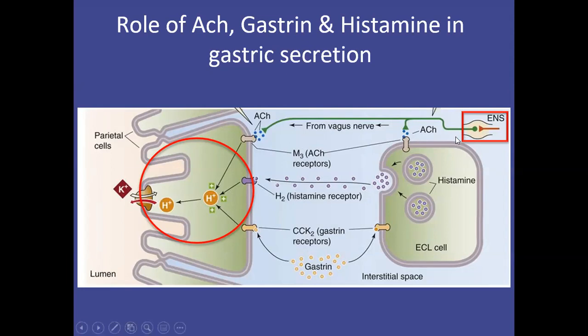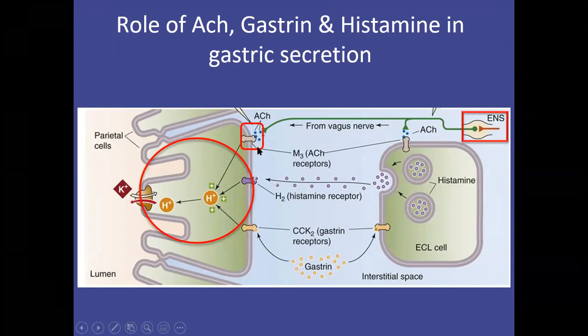Let's start from here. Once acetylcholine is released, it has multiple functions. We'll discuss only two in this context. First of all, one pathway is direct. It directly activates the muscarinic receptors present on the surface of the parietal cells. They have been cloned. They are M3 receptors.